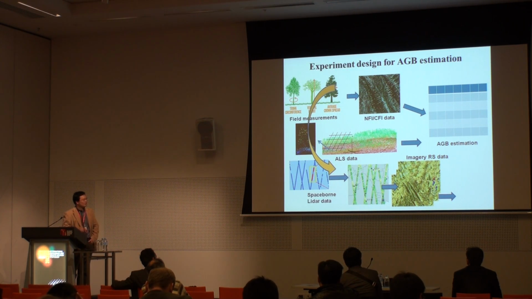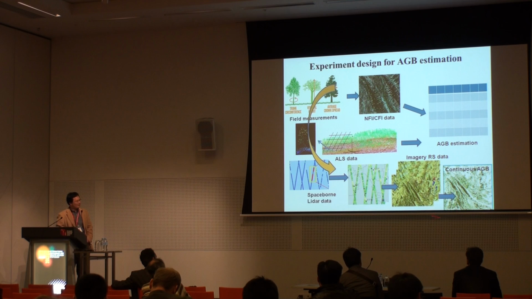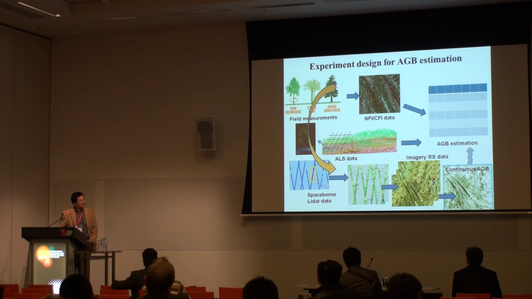So now we try to fuse them together with the imagery remote sensing data, with these spatially distributed biomass estimations. Then we can get a continuous biomass distribution map. And from this map, for sure, we can also get the total biomass and compare it to the results. But again, it's still an ongoing project.